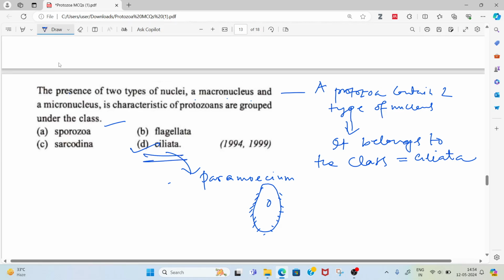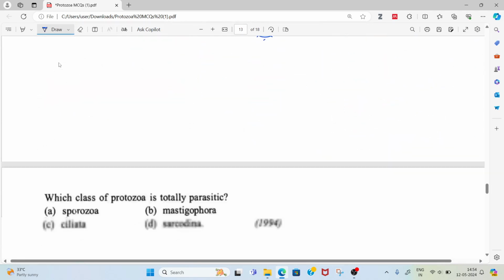The main characteristic of Ciliata is that they have 2 types of nucleus, the macronucleus and micronucleus, found in the Ciliata class.